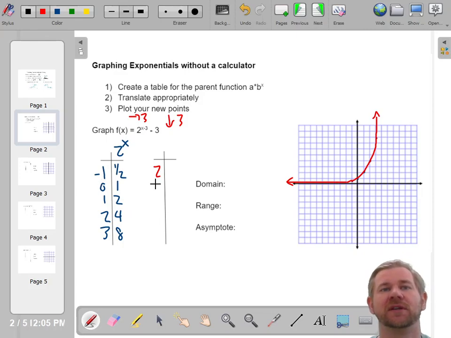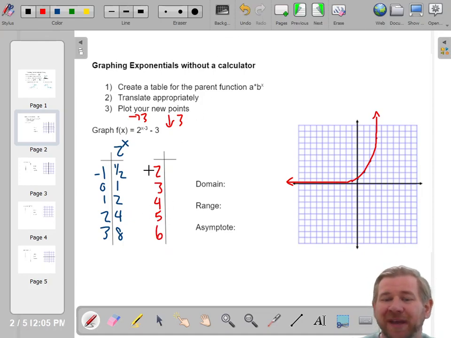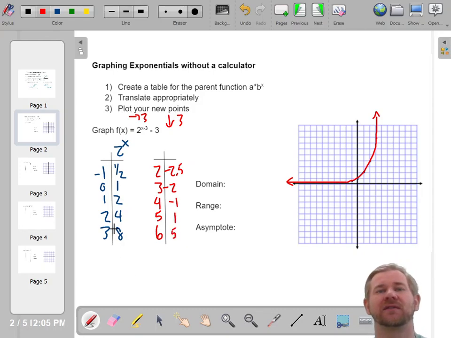Going right 3 from 0, you're at 3. 3 plus 3 is 6. I picked those so they should be nice. Down 3: 1/2 minus 3 is negative 2.5. 1 minus 3 is negative 2. 2 minus 3 is negative 1. 4 minus 3 is 1. And 8 minus 3 is 5.